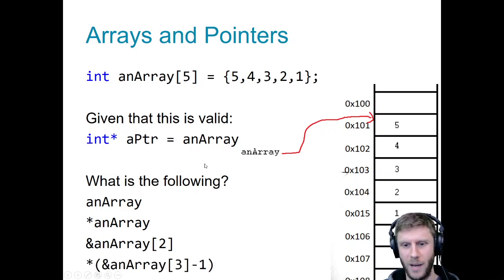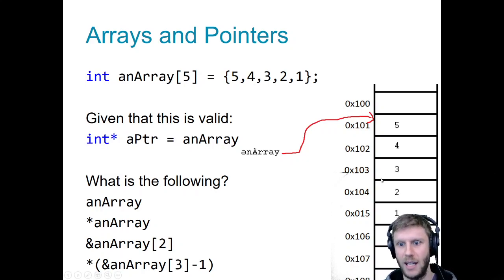And then, oh my goodness, what's happening here? Let's take it one step at a time. An array at index 3, so 0, 1, 2, 3. Okay, that's this. But then we're saying ampersand, so that means memory address 104. And then we subtract 1 from it. And again, to be very clear, when using integers, the addresses are actually going to count by 4s because we need 4 bytes to store these 32-bit integers.